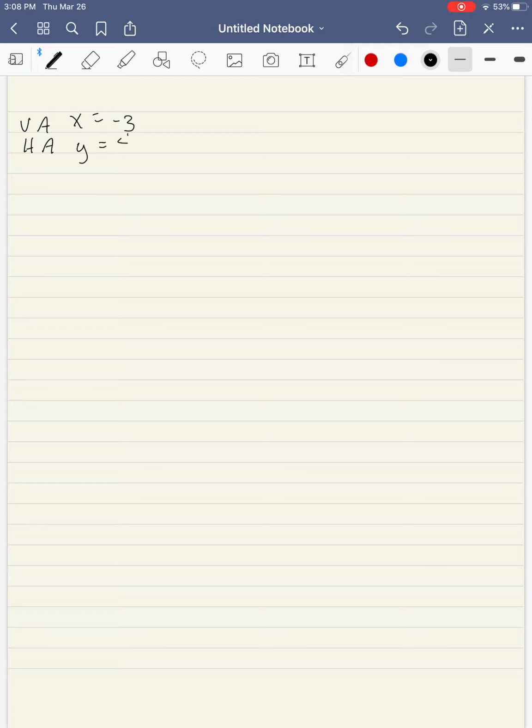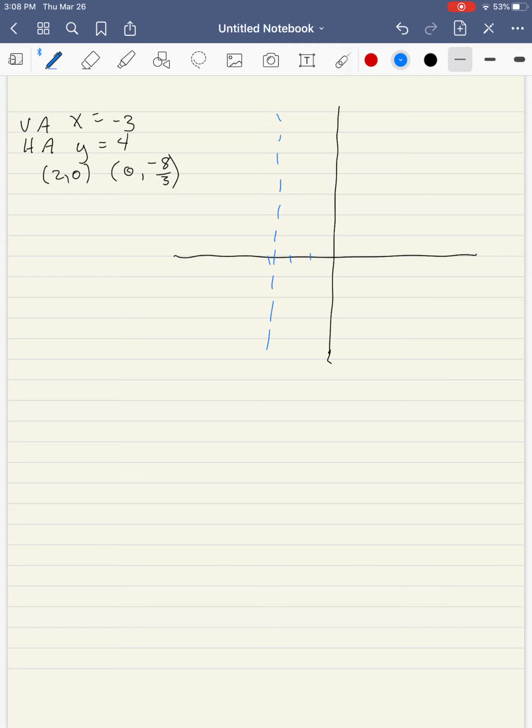I can't see my previous page. All right, so I'm going to draw my graph here, draw my coordinate system, and then draw my vertical asymptote, x equals -3.